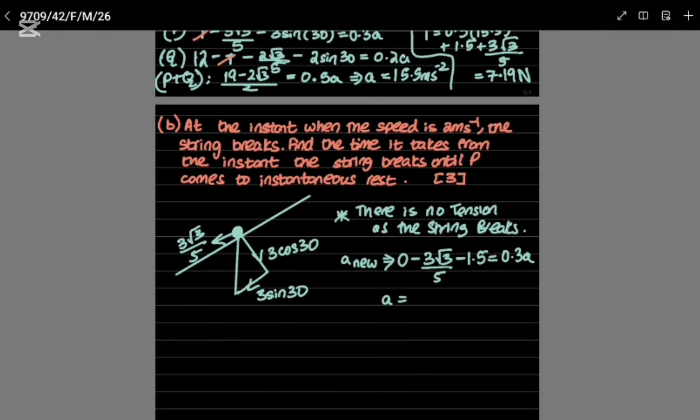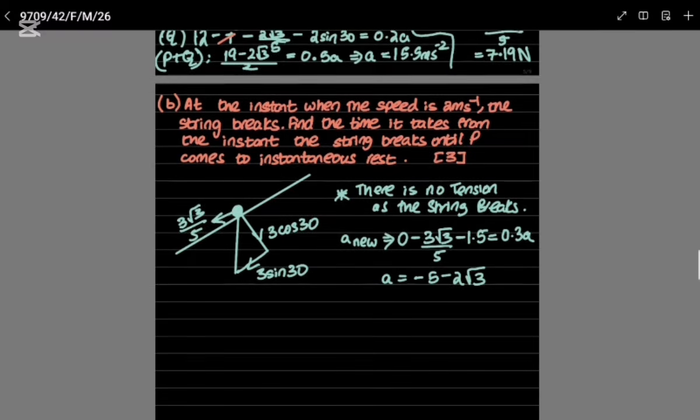Now from here, just plug this into your calculator: minus 3 root 3 over 5 minus 1.5, divided by 0.3. You will get that your new acceleration is minus 5 minus 2 root 3. Keep it in exact form, so you'll get a more accurate answer.